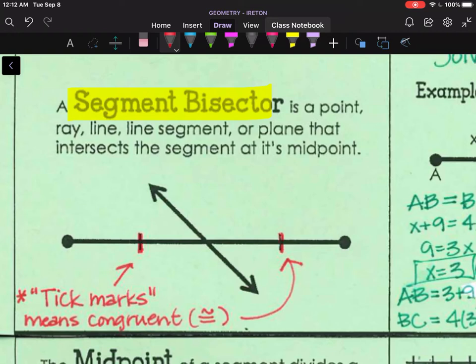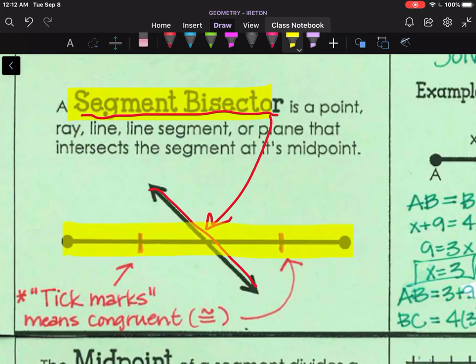But if you're bisecting something, you're cutting it into two exact pieces, okay, two exact length pieces. So what a segment bisector itself is, is that thing that cuts it, right? So in our picture here, it's actually a line. It's this line that's the segment bisector. So this segment here is actually being bisected.